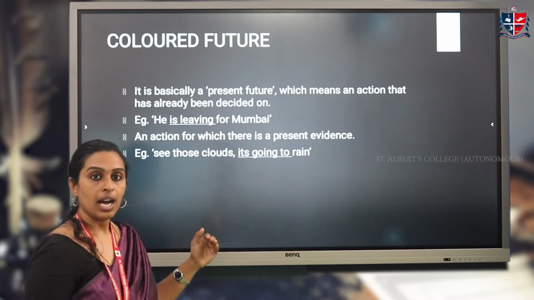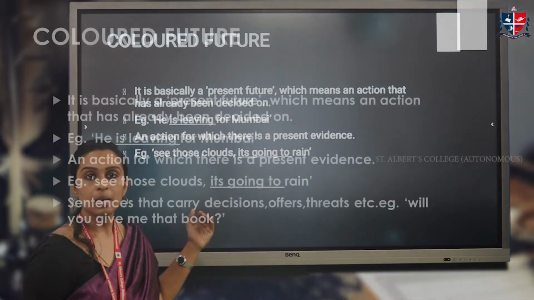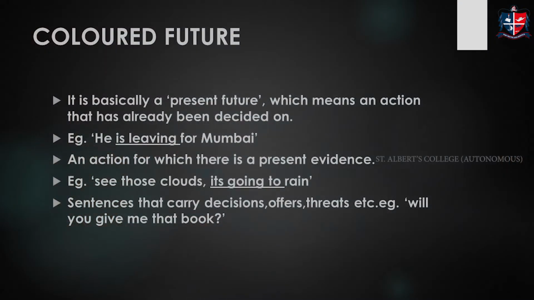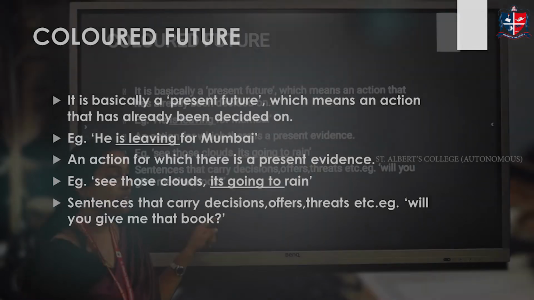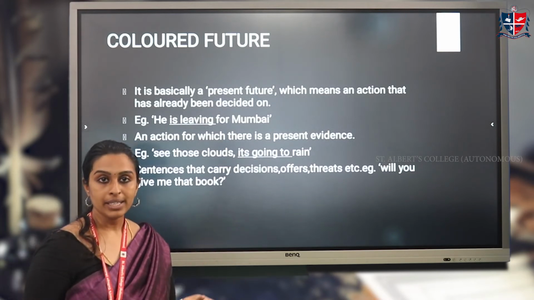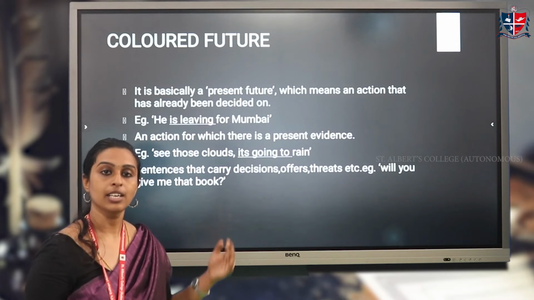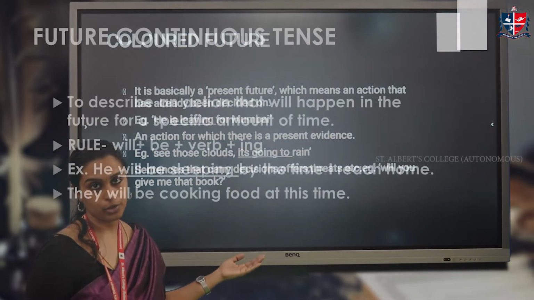So all other forms of showing futurity without the use of will come under colored future. And the sentences that carry decisions, offers, threats. Example, will you give me that book? So all requests, offers or threats also come under colored future.